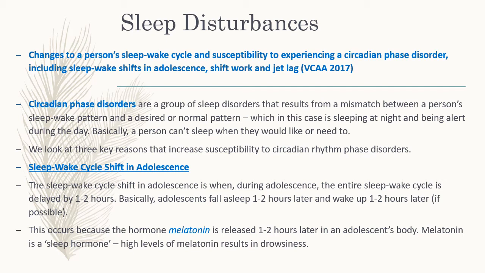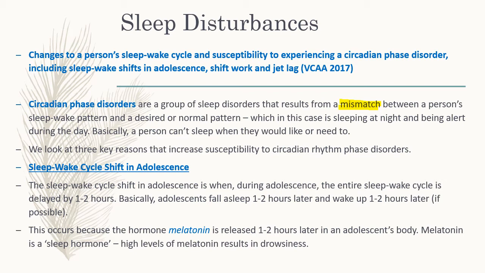Sleep disturbances. Circadian phase disorders are a group of sleep disorders that result from a mismatch, and that's the buzzword the VCAA really wants you to keep. It is a mismatch between a person's sleep-wake pattern and a desired or normal pattern. In other words, the amount of sleep you want to have doesn't match the sleep you are currently getting. I would like to get 9 hours of sleep each night, but really I'm only getting 5.